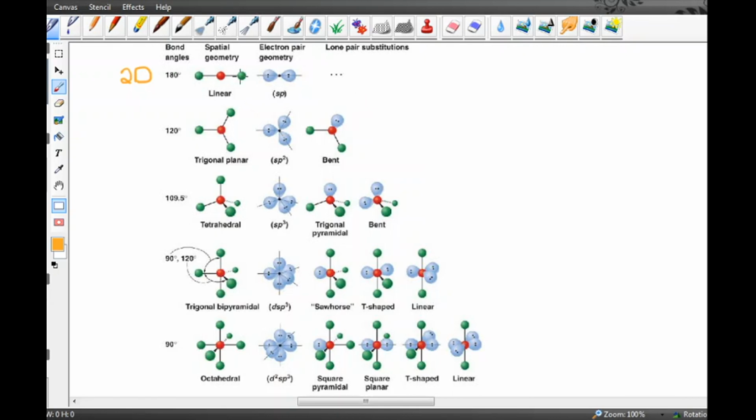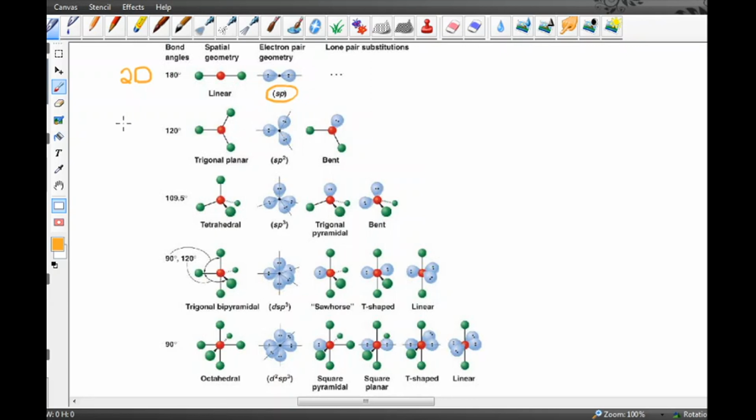In order to explain this linear geometry with quantum mechanics, we have to have sp hybridization. That gives us 2 identical sp lobes for those bonds to occur in.